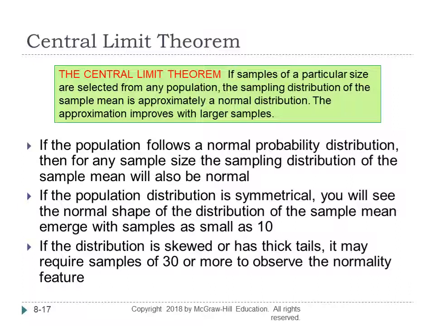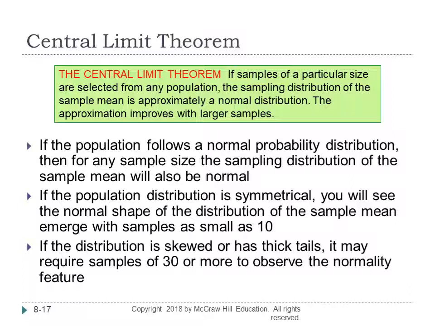Of course, you may not know the original population distribution, but there are other conditions that guarantee we will have a normal distribution for the sampling distribution. If the population distribution is symmetrical, you will see the normal shape of the distribution of the sample mean emerge with samples as small as 10.